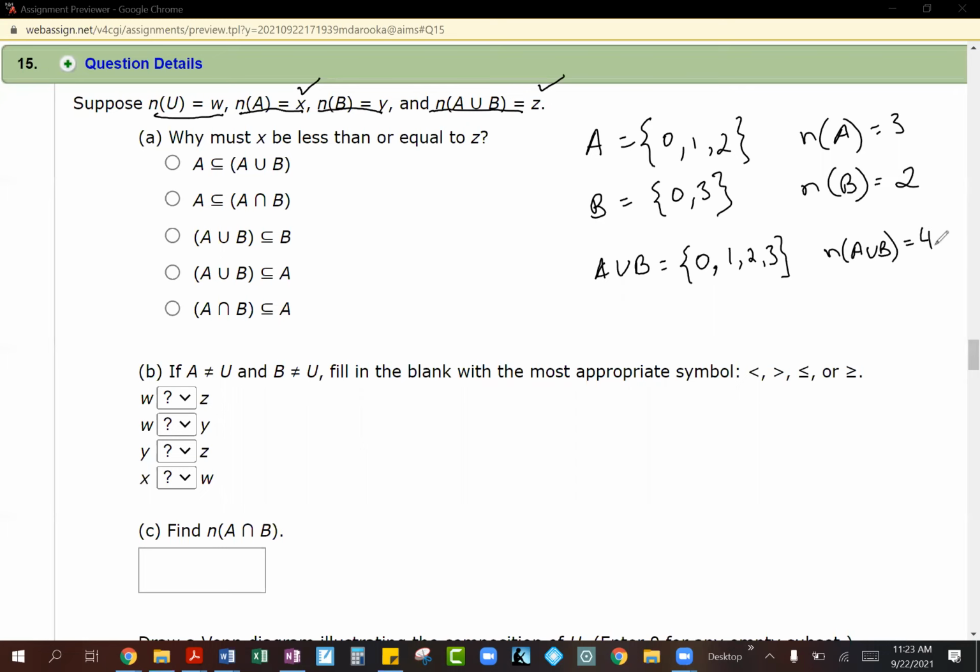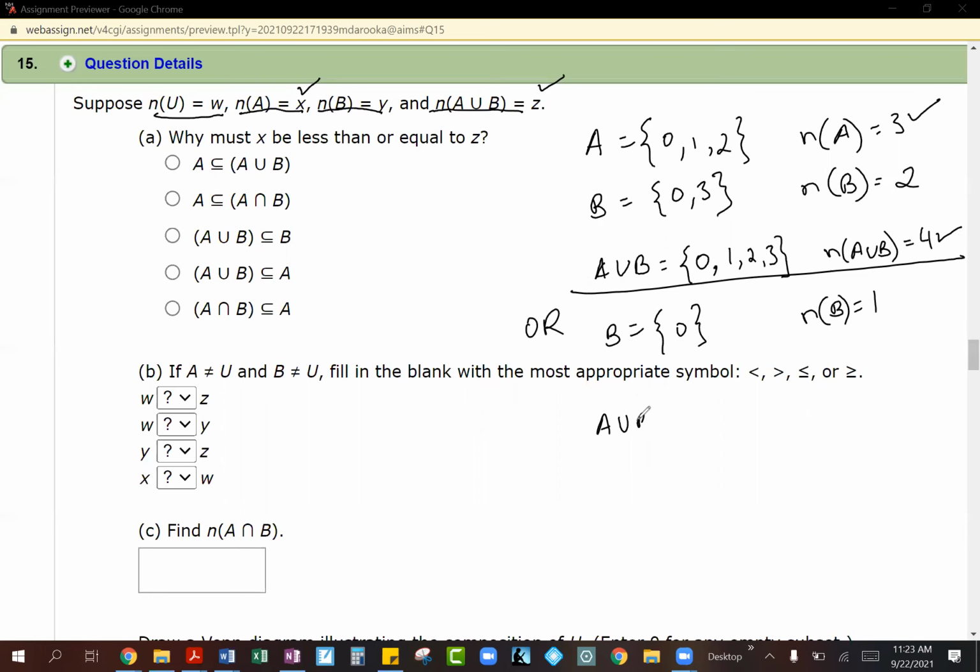So this is one scenario where the cardinal number for A is less than the cardinal number for A union B. The other scenario is where set B only has one element, say 0, so the cardinal number for B is 1.